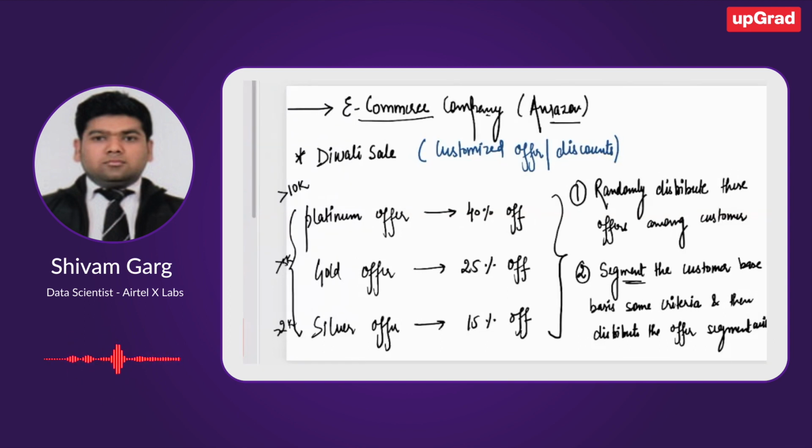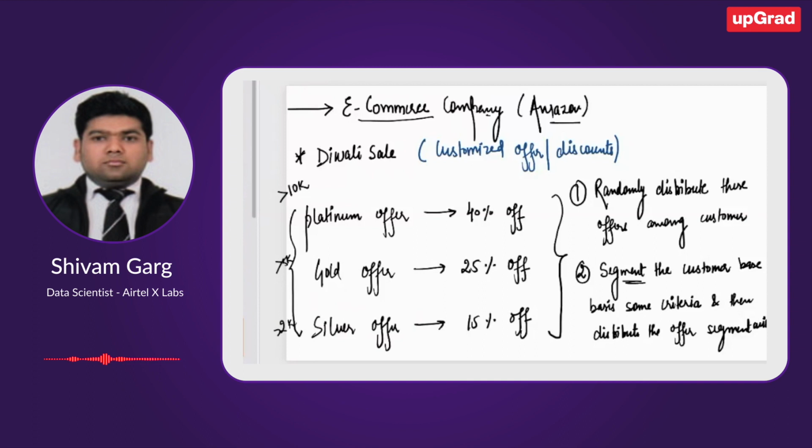So let's say, for example, an e-commerce company, let's say Amazon. You must know that on Amazon, they have their Diwali sale. At different points of time, they come up with different kinds of sales. So now let's say this time Amazon wants to give some customized offers and discount coupons to the customer base.